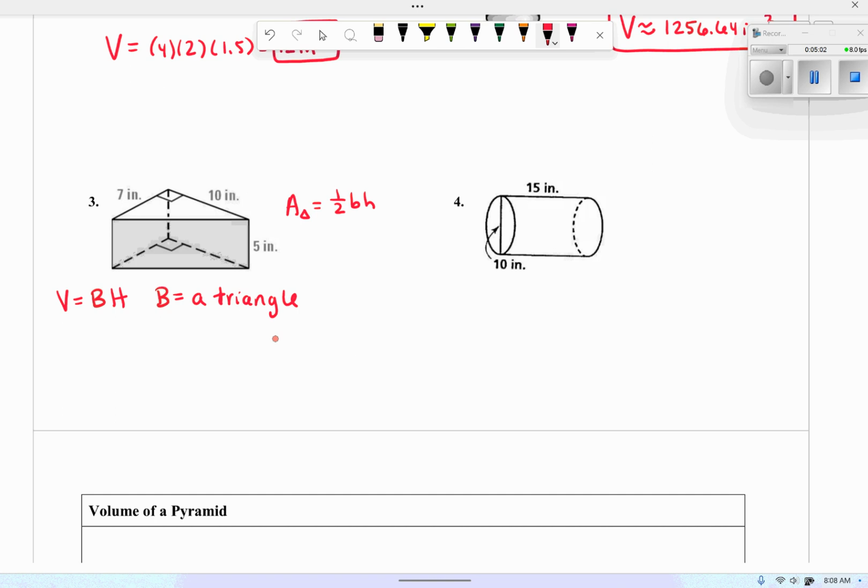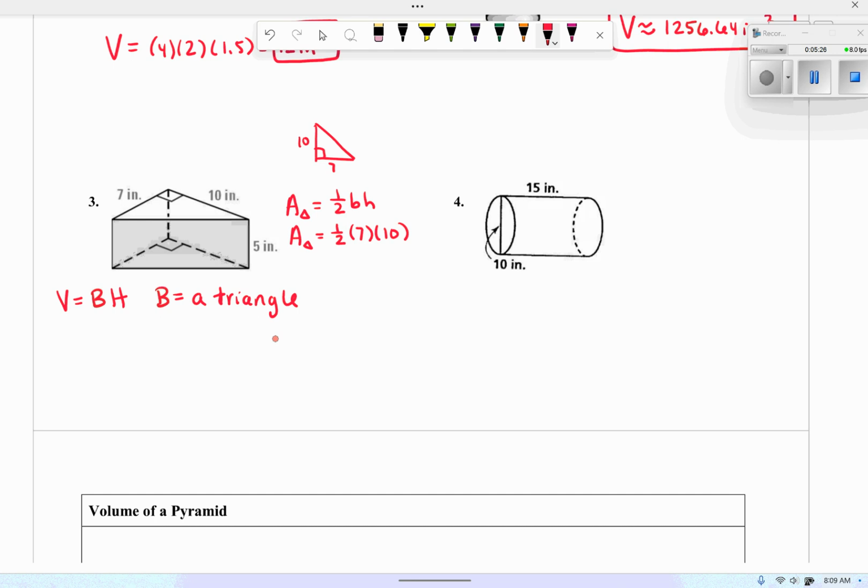So in this case, if we look at our triangle, notice it's a right triangle. This is 7 and this is 10. So in this case, the base would be 7 and the height would be 10. So the area of the triangle is equal to 1/2 times 7 times 10.